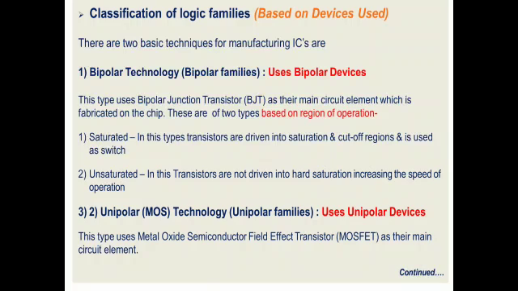Next, these logic families. Just now we had seen they were classified depending on the components. And here, they are classified depending on the number of components used or fabricated on a single chip.